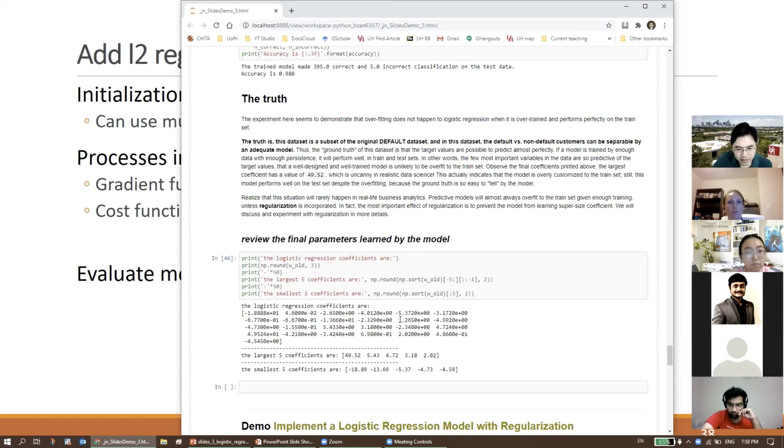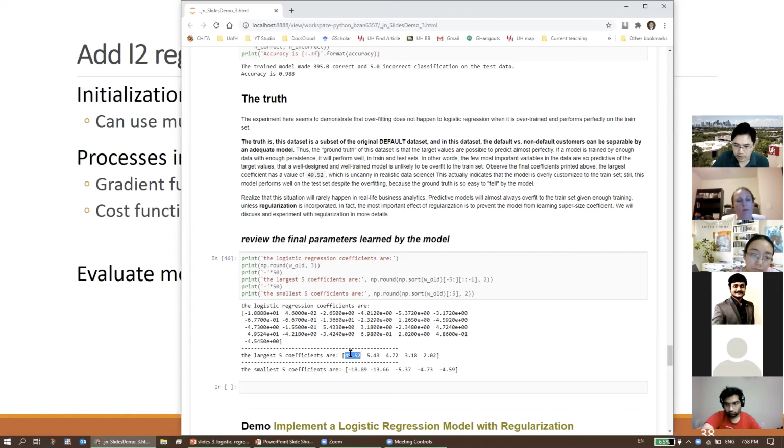But you rank them in terms of absolute values. The largest absolute value is close to 50. For a model to learn a weight as large as 50, you can be damn sure there's something going on. The model has somehow learned a trick to increase this weight to get the accuracy higher.